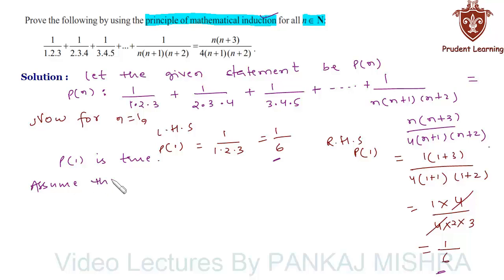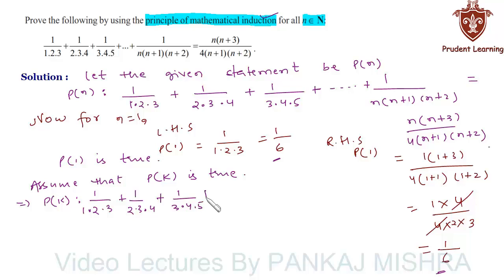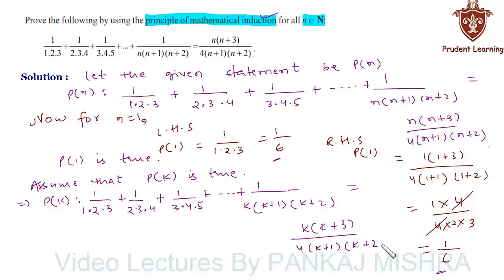Assume that Pk is true for some positive integer k, that is, here we have Pk such that 1 upon 1 into 2 into 3 plus 1 upon 2 into 3 into 4 plus 1 upon 3 into 4 into 5 and so on up to 1 upon k into k plus 1 into k plus 2 is equal to k times of k plus 3 upon 4 times of k plus 1 into k plus 2. Now let us call it equation 1.